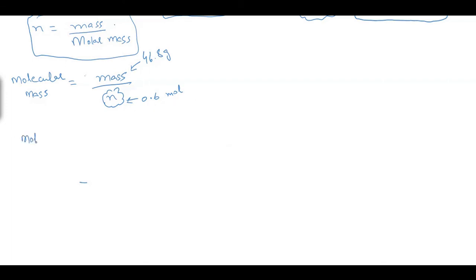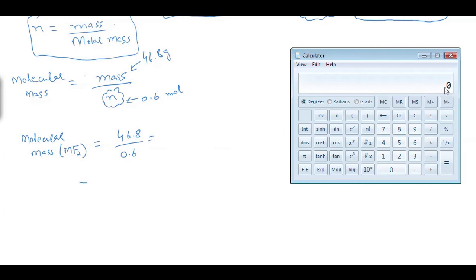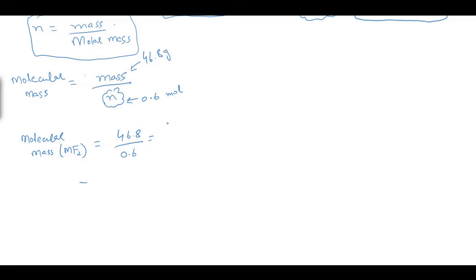Molecular mass of MF2 will be 46.8 divided by its number of moles. 46.8 divided by 0.6, and the answer comes out to be 78. So 78 will be the molecular mass of this compound MF2.